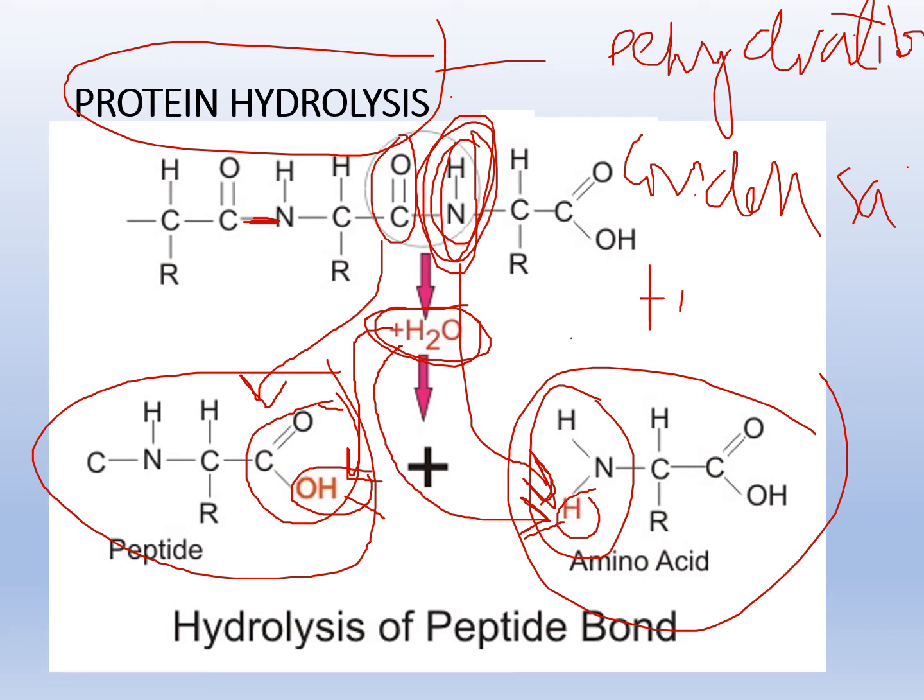A dehydration reaction or condensation reaction is basically a process wherein proteins are made by combining amino acids with the production of water. Remember, in a dehydration or condensation reaction, a water molecule is liberated.